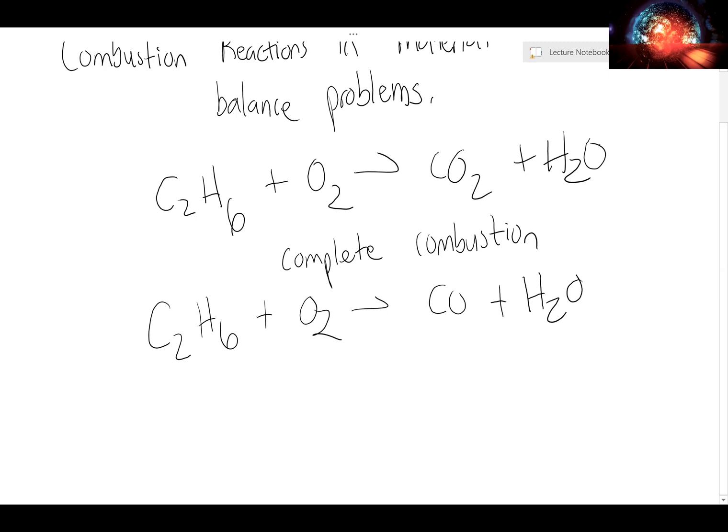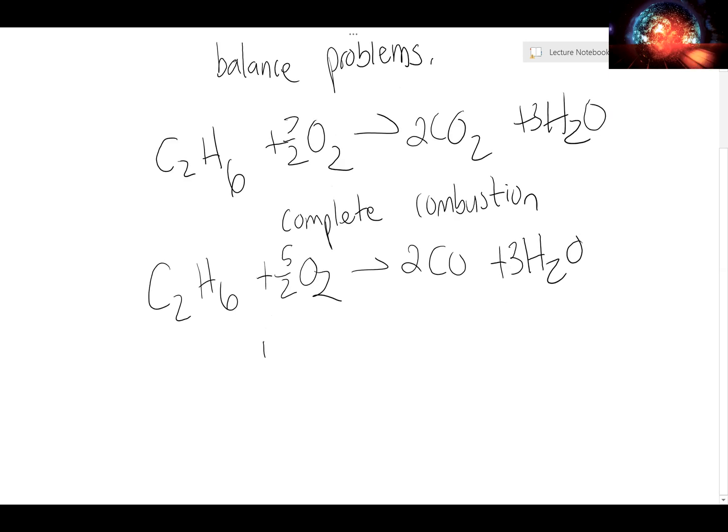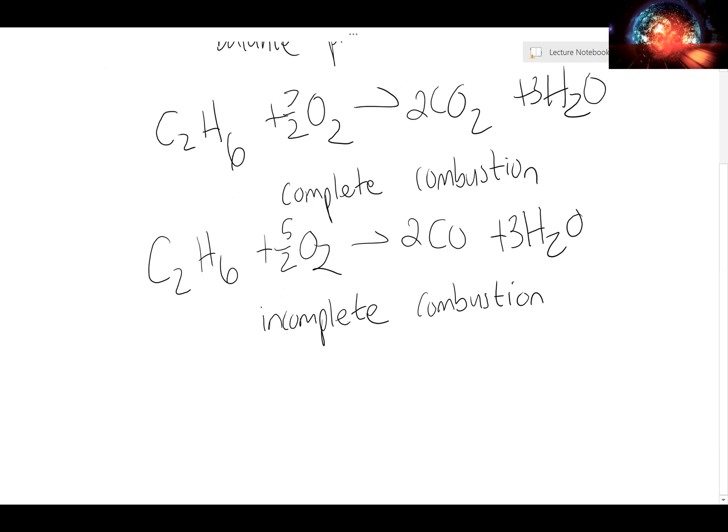All right, I can probably balance this, hopefully without too much trouble. No, never mind. That's a 3. 7. And so depending on the concentration of oxygen will largely determine the selectivity of complete versus incomplete combustion.